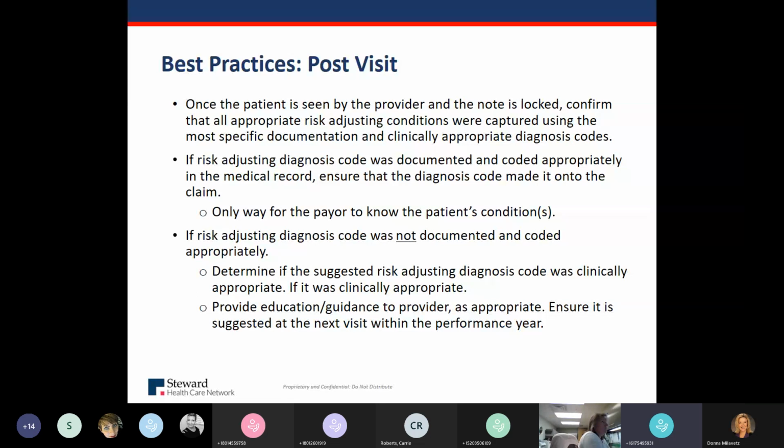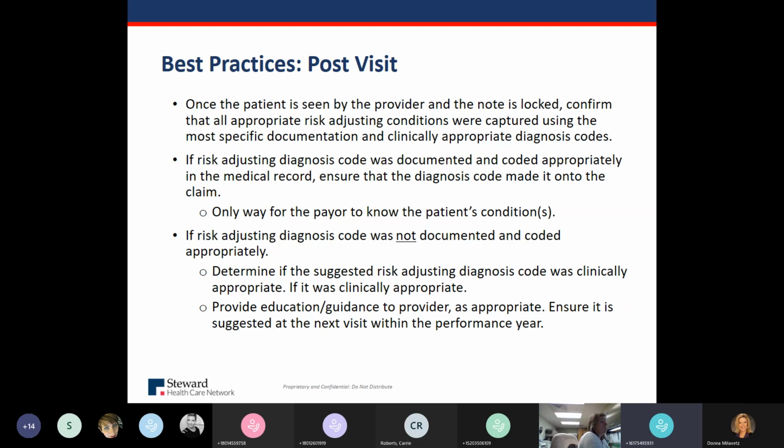And of course, as I said about the HPI section, if a risk adjusting condition was documented and coded appropriately, make sure it ends up on the claim. That's the only way the payer knows that the patient has this condition.